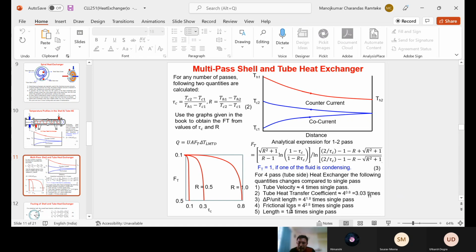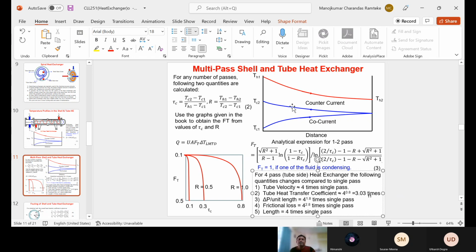So this last point I will check. I think the length of the heat exchanger is also the same in this case. So the overall length of the heat exchanger is the same, but the flow length will be 4 times the single pass, isn't it? Correct?